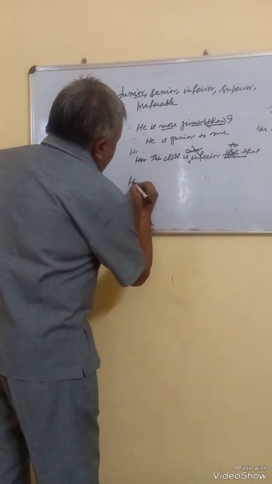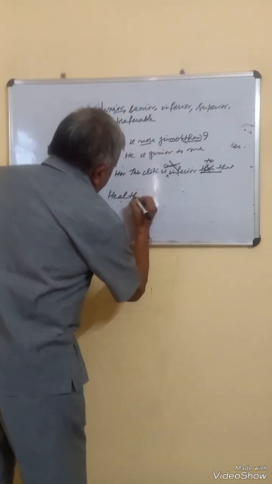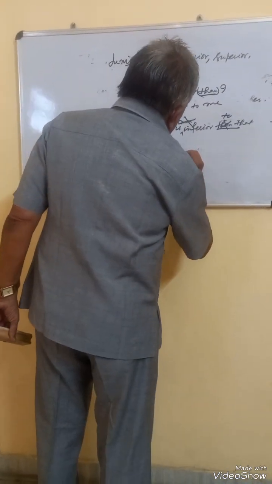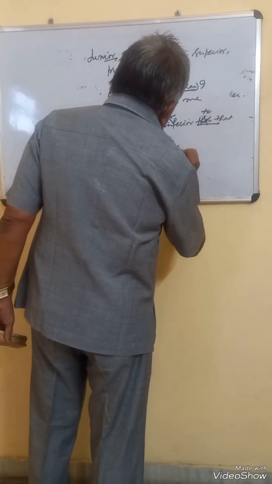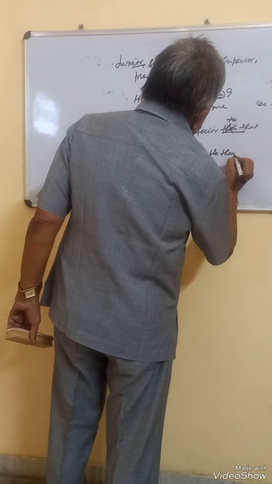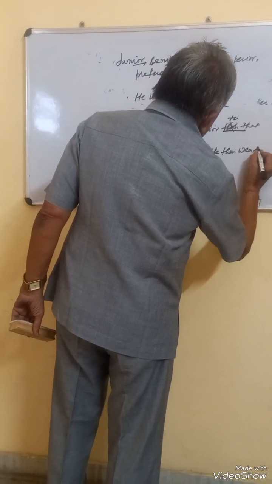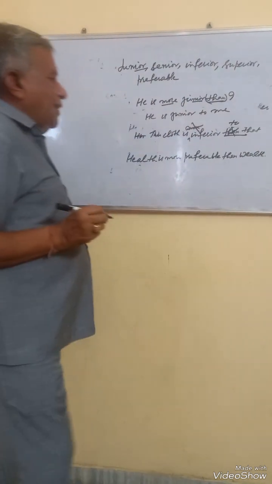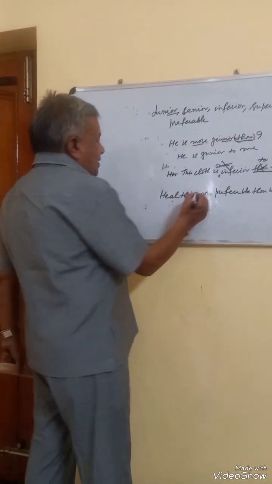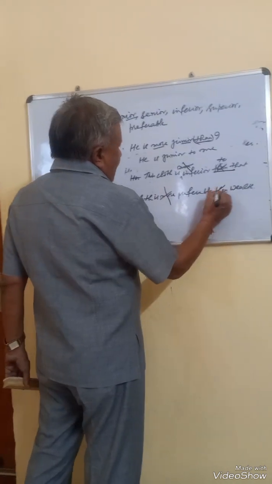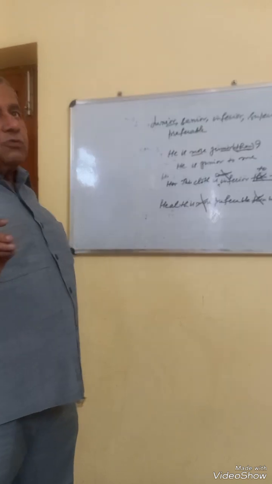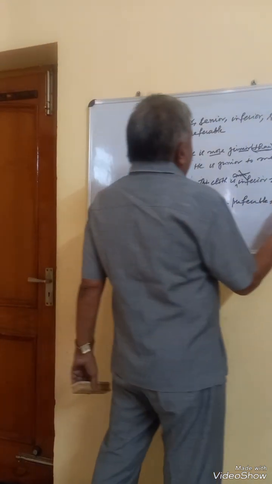Similarly, health is more preferable than wealth. So in this sentence also neither can we use more nor can we use than. We can simply say health is preferable to wealth. So this is the correct sentence.